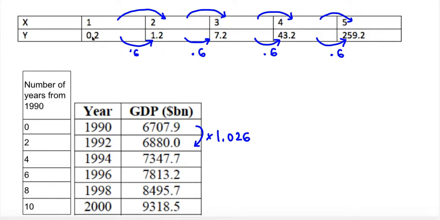It was just taking the first value, 0.2 times 6 to the power of x minus 1 or something. However, here, even if you find one growth factor from 1990 to 1992 to be, let's say, 1.026, that was a growth factor over a 2-year interval.